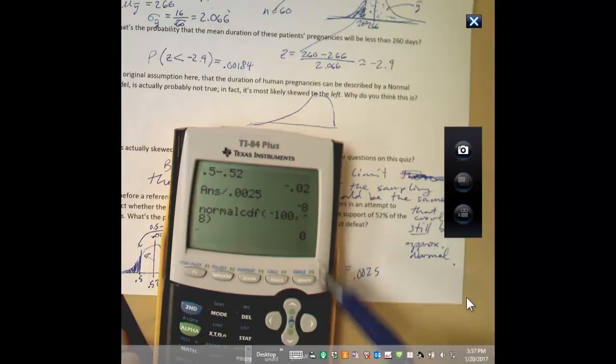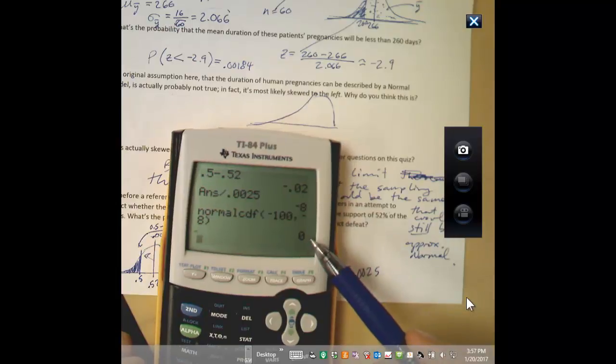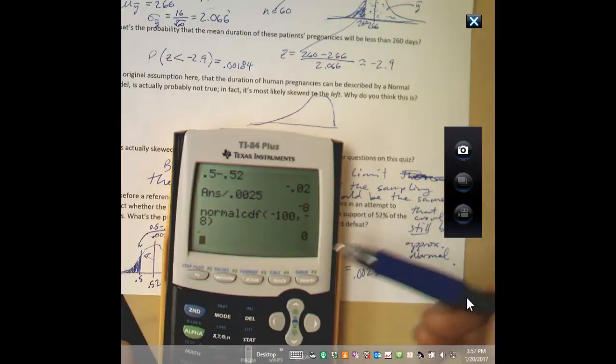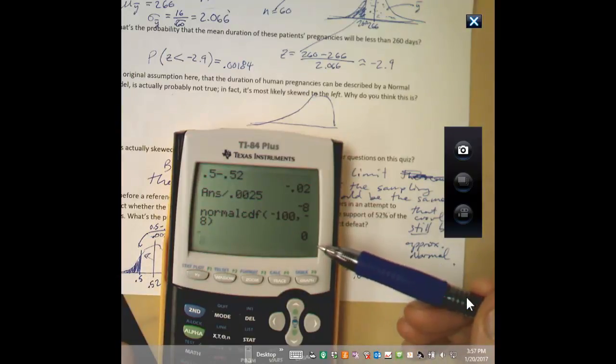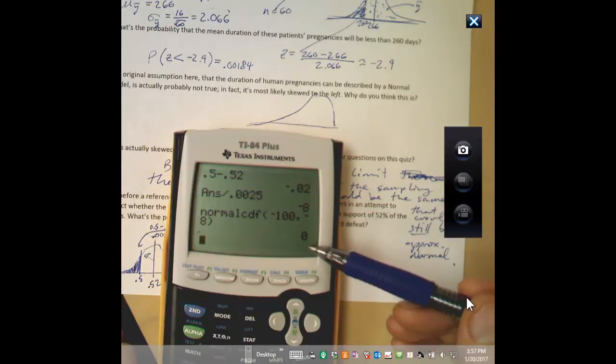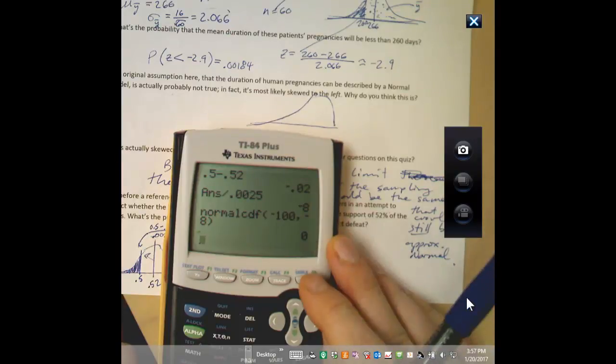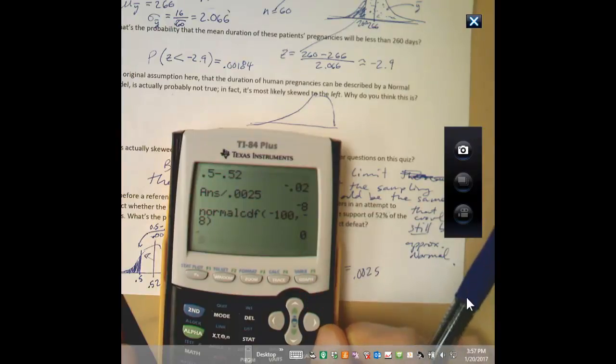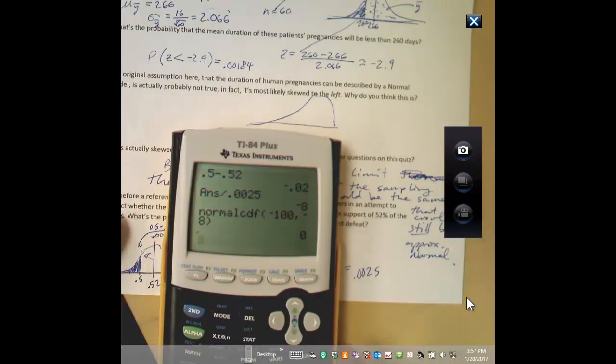I get a probability of 0, an area of 0. Now, it's not literally 0, but the calculator can only store so many place values. It simply will not report anything because this is beyond the scope of what the calculator is capable of. It has not been designed to do it.